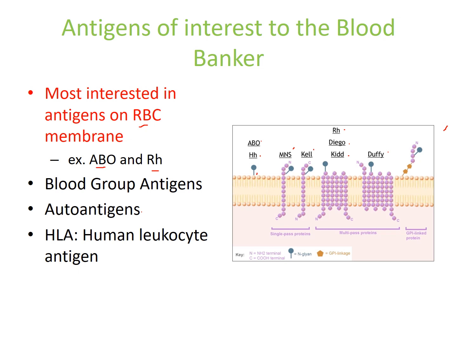And I'm just going to throw this in quickly for the last moment on this slide. HLA, or human leukocyte antigen, is exactly what it sounds like. These are surface markers on white cells, in particular. They're actually present on many cells, but HLA is the major histocompatibility complex, which is in charge of presenting antigen in the immune response.